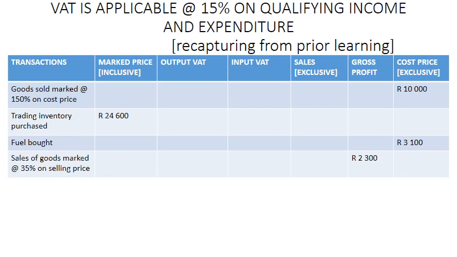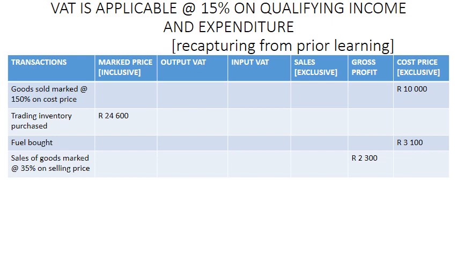We are also given the following columns: a summary of transactions column, the marked price including VAT column, the output VAT for qualifying income, the input VAT for qualifying expenses, the sales excluding VAT column, the gross profit column, and the cost price excluding VAT column.